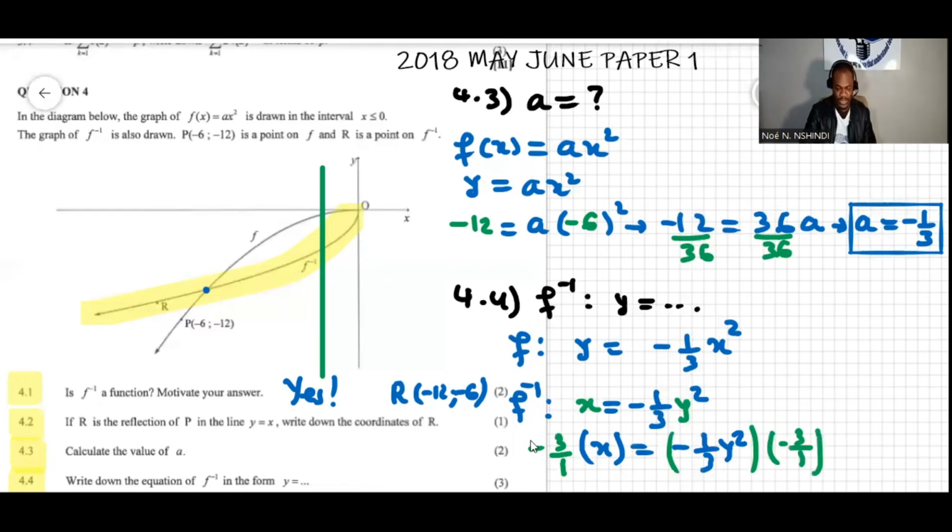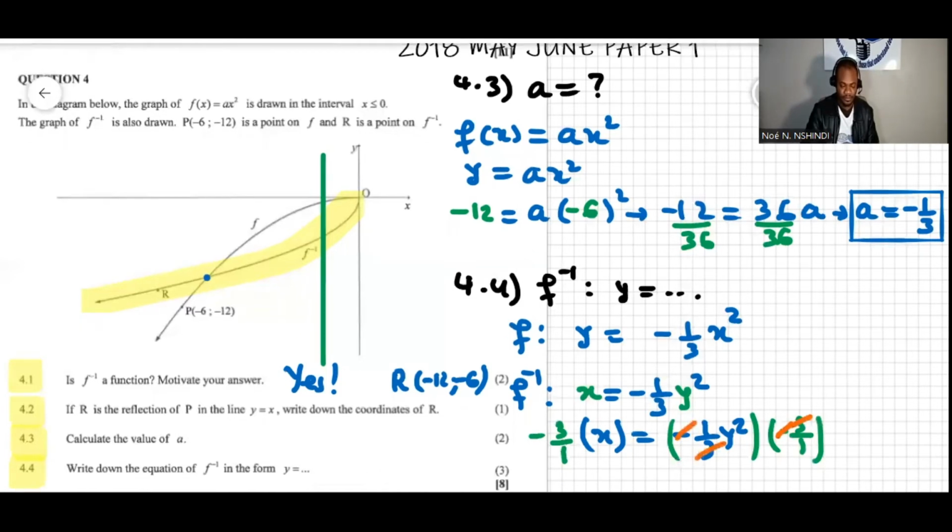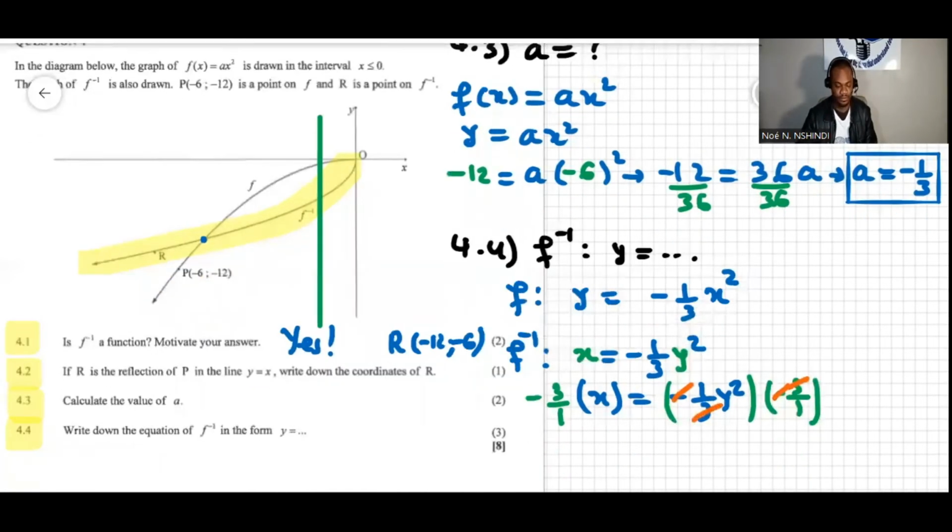I select this because I know if I times by -3, this will be cancelled out. The 3 will cancel with 3, and the negative will cancel with negative, and over here we'll have -3x = y^2. Which means y^2 will be equal to -3x, and then y is just the square root of -3x.